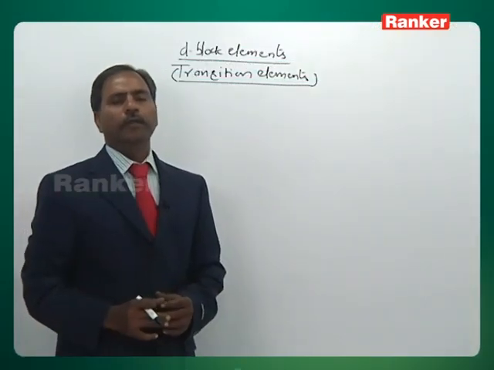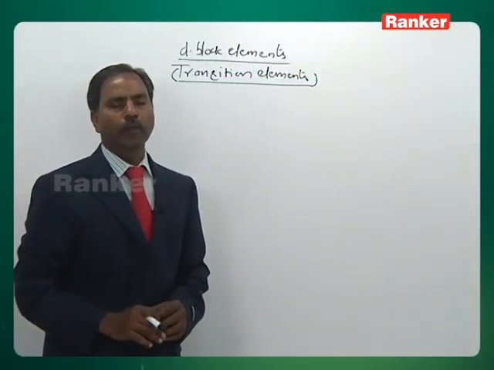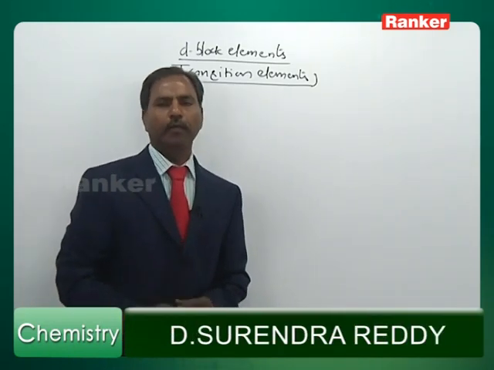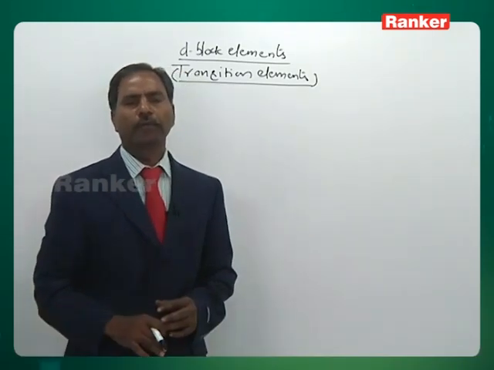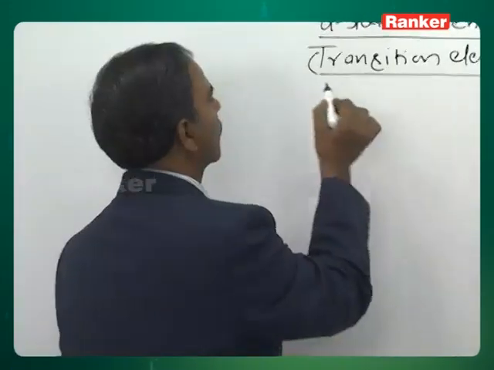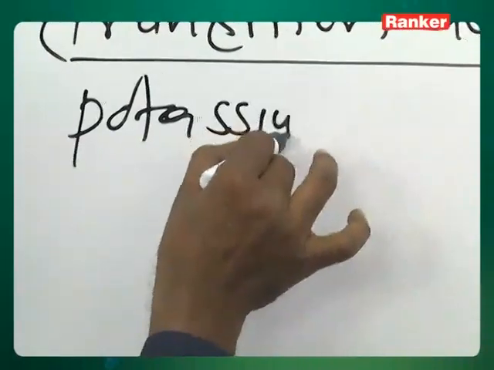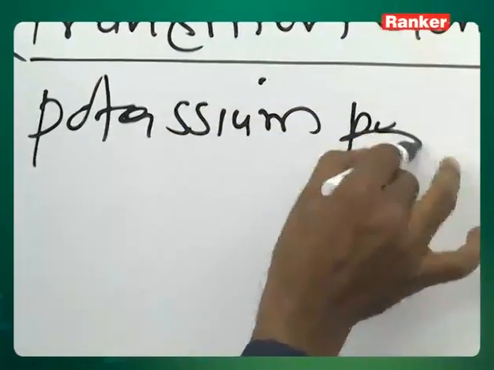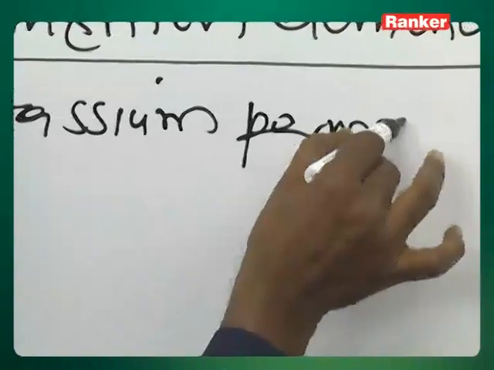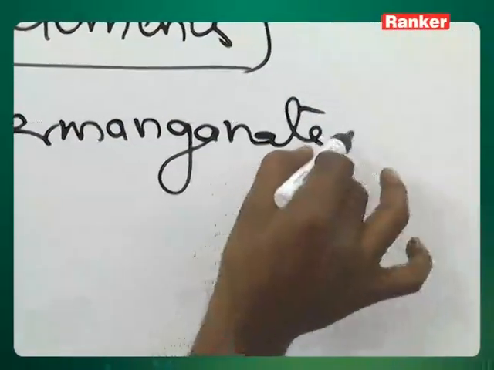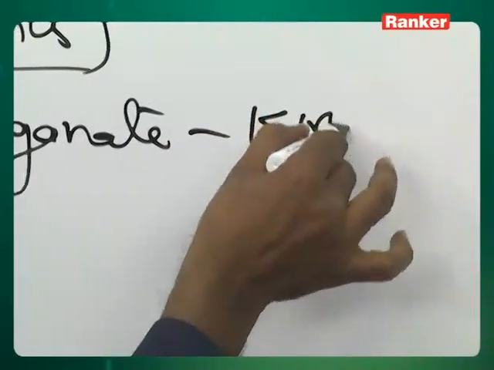Students, today we will discuss how to prepare potassium permanganate and potassium dichromate. Let us see first potassium permanganate, KMnO4.